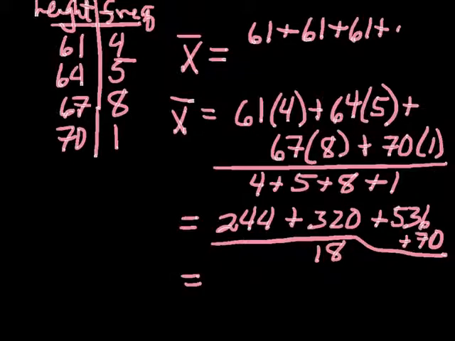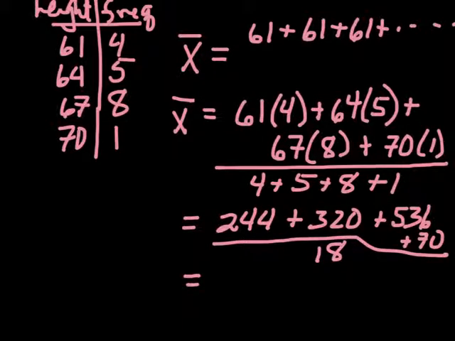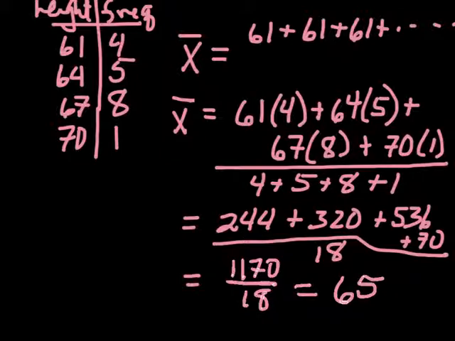And if you add those numbers up and divide by 18, then you'll get a solution. And that solution is 1170 divided by 18, which is equal to 65. So the average height out of this group would be 65 inches.